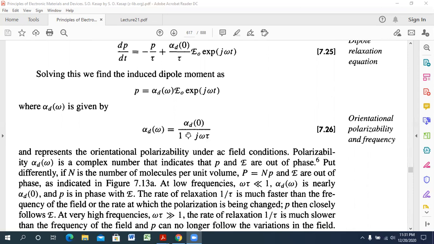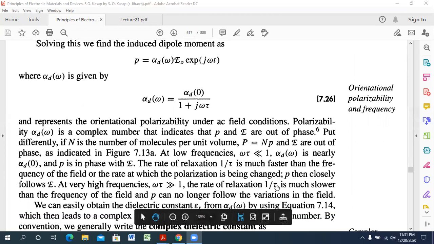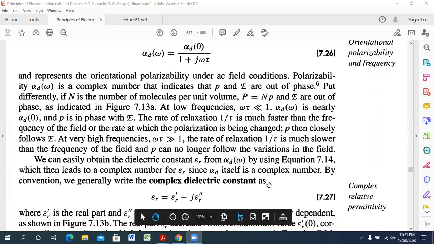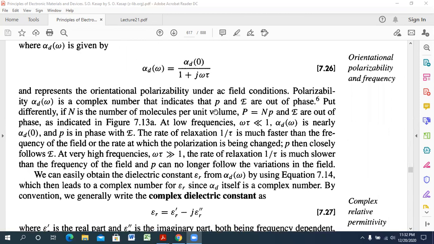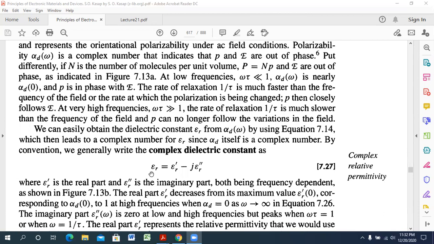Or if omega tau is in higher terms, greater than 1, then this 1 by tau is a complex quantity. So finally we can conclude that for the AC signal, the dielectric constant epsilon r has two terms: epsilon r prime minus j epsilon r double prime.